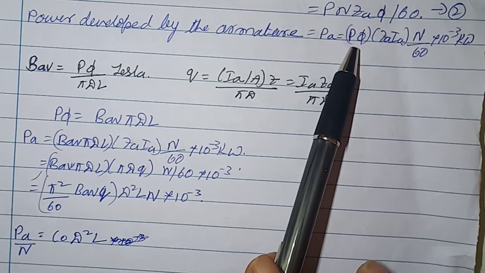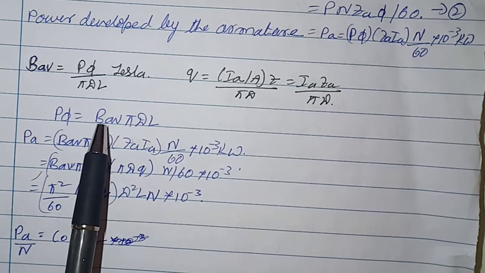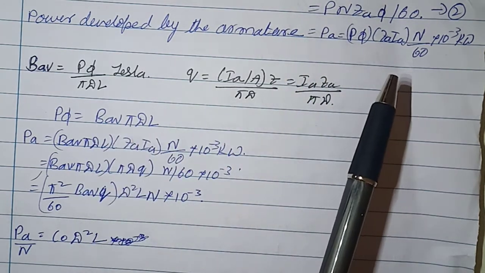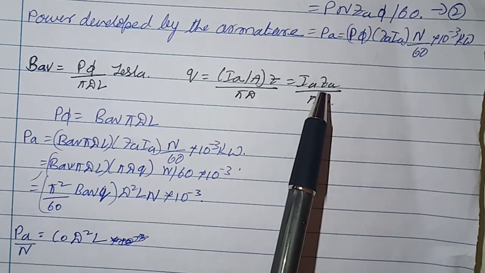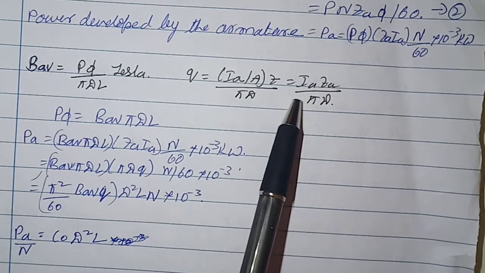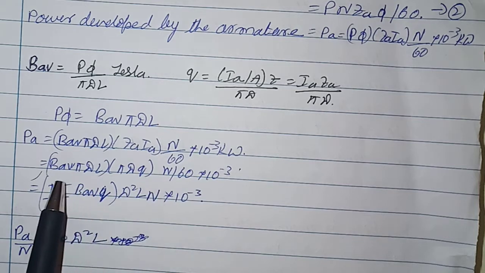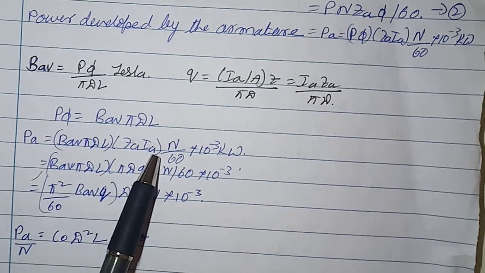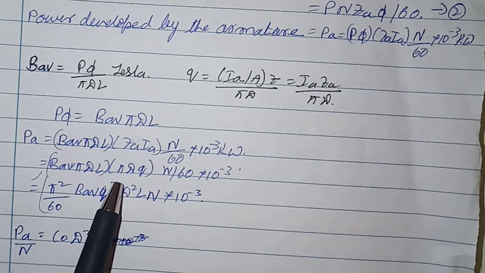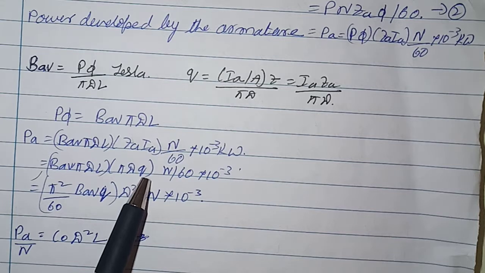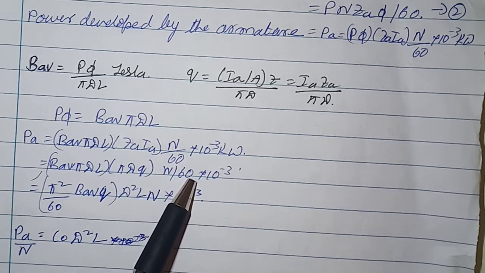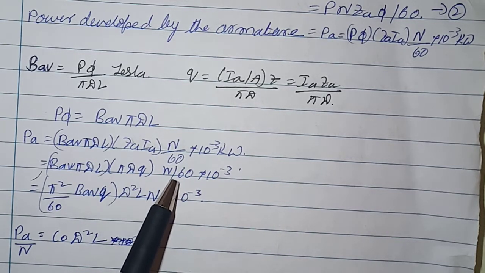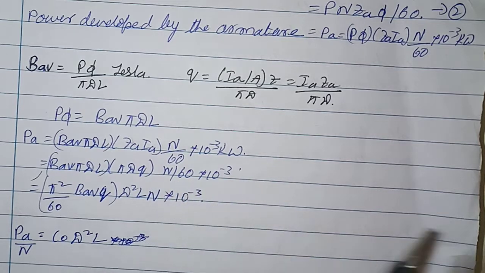PA with P phi as B average pi D L, and ZA Ia as Q into pi D, into 10 raised to minus 3, and the n by 60 remains as it is.